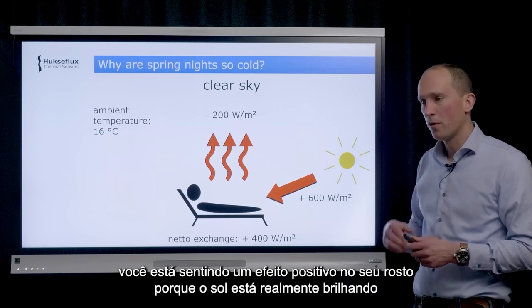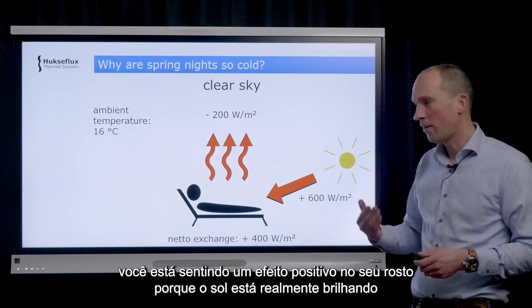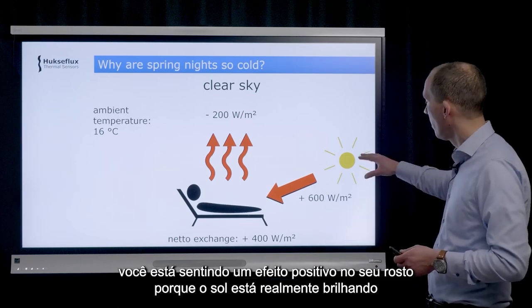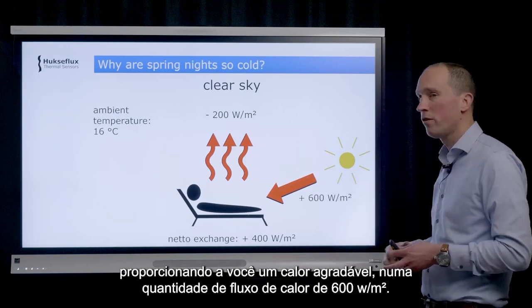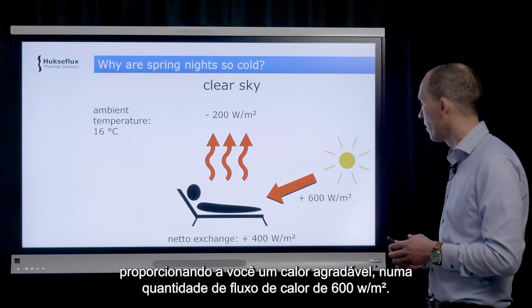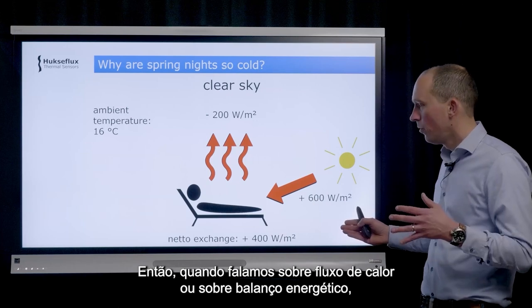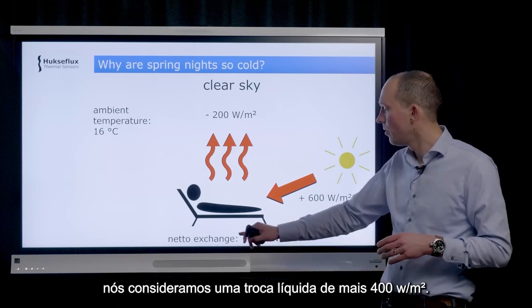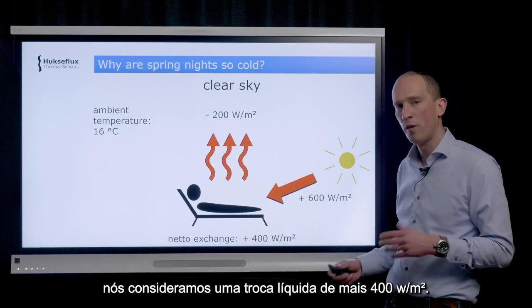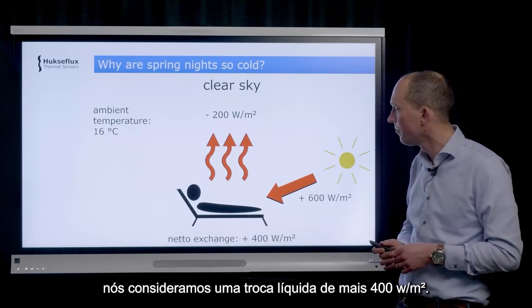But you're feeling a positive effect on your face because the sun is shining directly into your face, giving you a very positive heat flux of 600 watts per square meter. So when we talk about heat flux and energy budget, we consider this to be a net exchange of heat flux of plus 400 watts per meter squared.